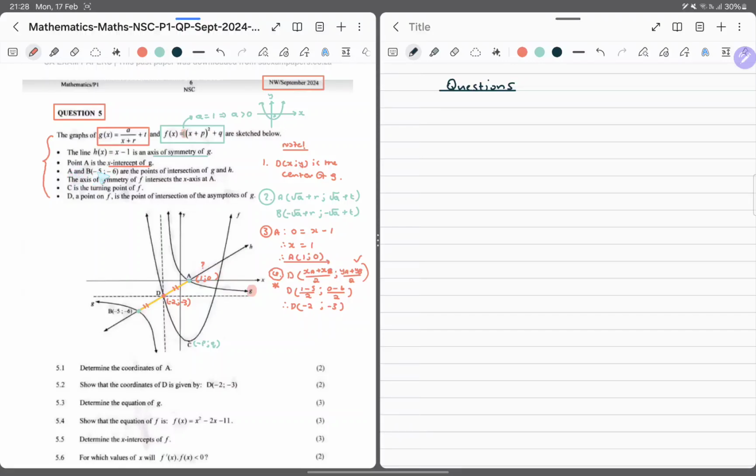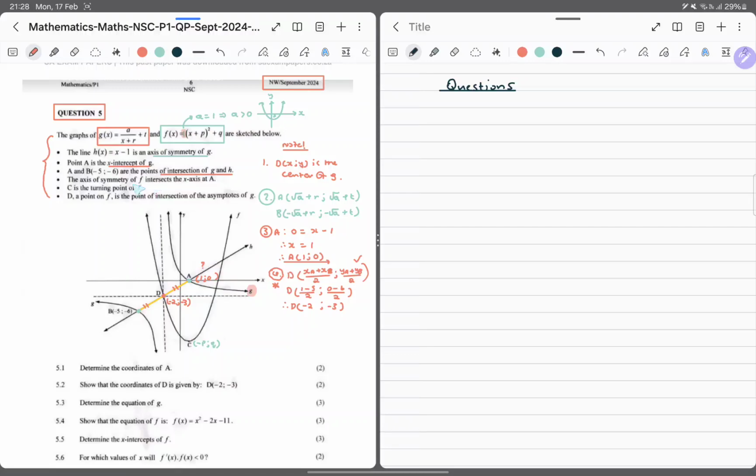A and B, with those coordinates -5 and -6, are points of intersection of the graph of H and G. And we saw that we could use this, point number 2, to find those coordinates if we knew what the value of A was and that the value of T was, and all, okay? There's a lot.